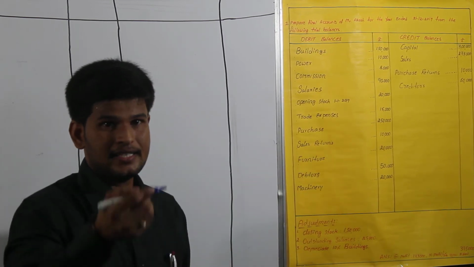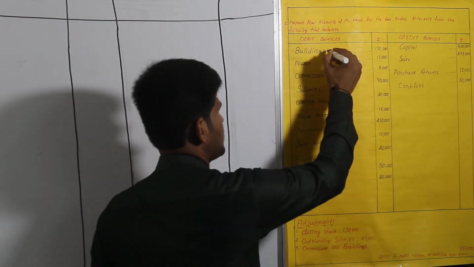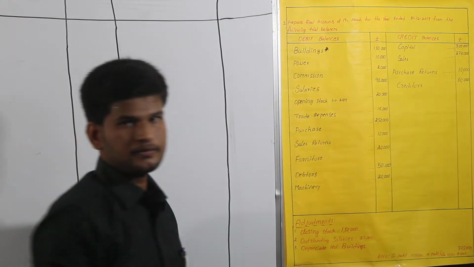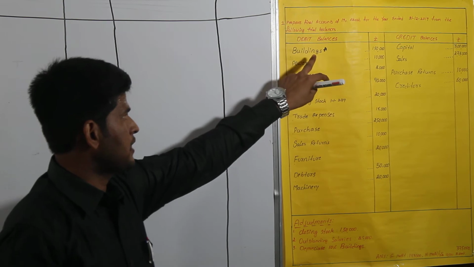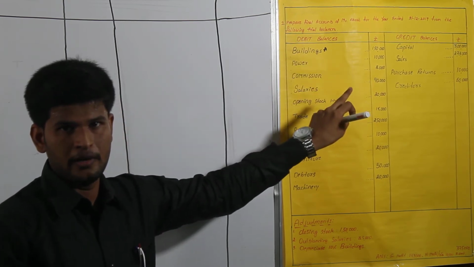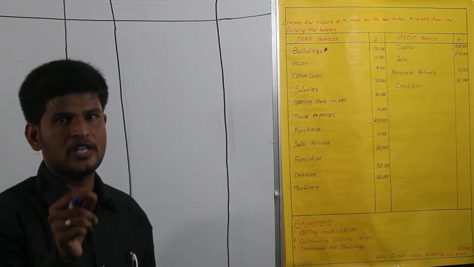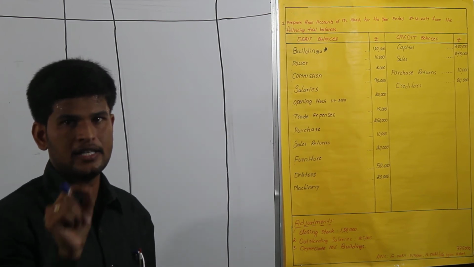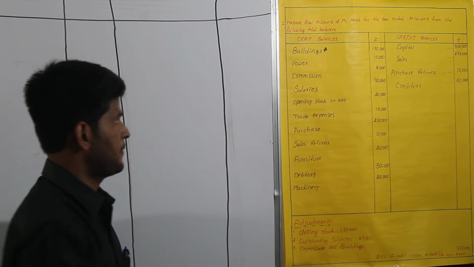Asset is alphabetically represented as A. I am assuming the buildings, thinking which proforma it goes to, and after identifying, I give an alphabetical indication.